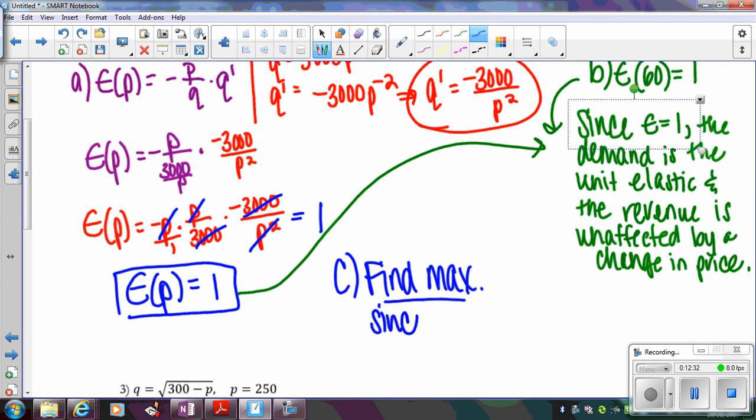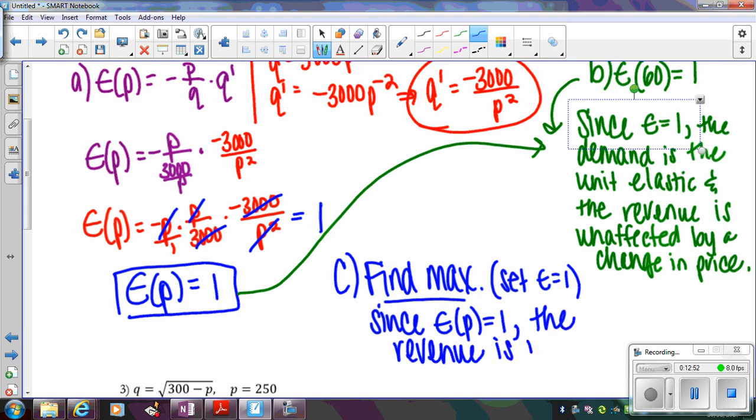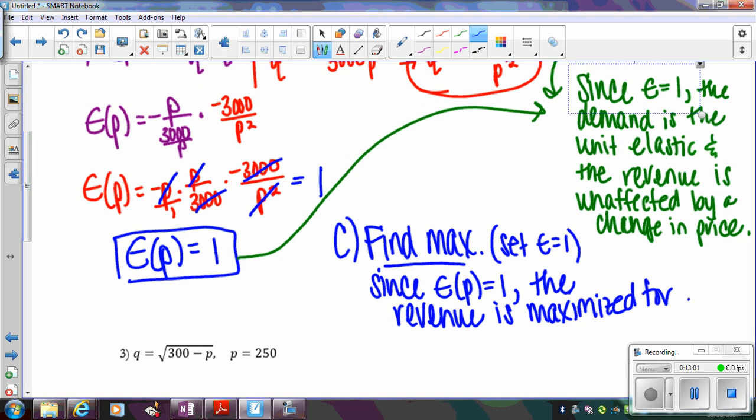So since, I'm going to put this in parentheses, set epsilon equal to 1, that's what you normally do, and then you solve for P. But since epsilon of any price is equal to 1, the revenue is maximized for all values of P. That's kind of like the exception to the rule. It's not really doing anything for us.